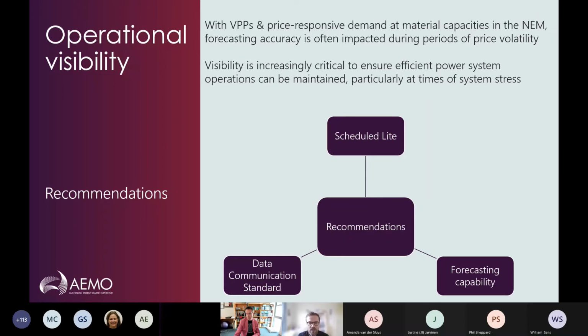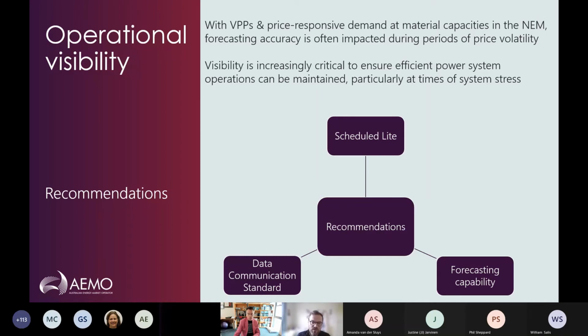It could start with just having visibility of VPPs in a way that's similar to what we had in the VPP demonstrations, and then it could progress over time to having more information that can inform forecasting, to have forecastability of VPPs and these other assets, to then eventually becoming scheduled or participating in some way in the central dispatch process, and that progression would align with the scaling of different types of resources.